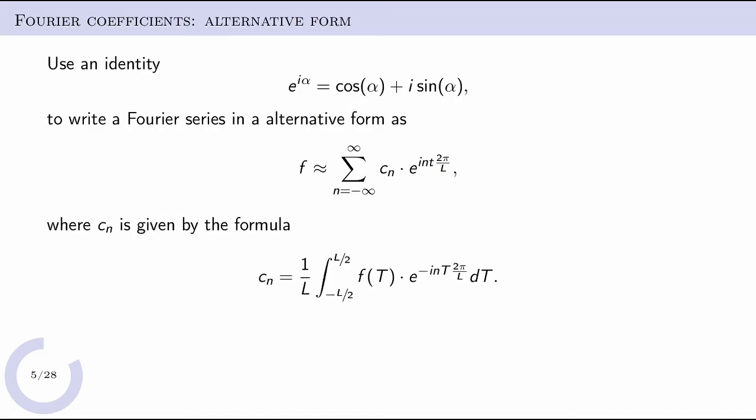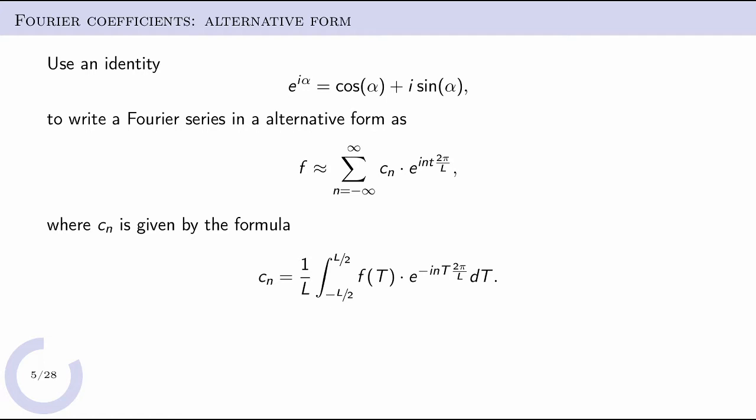In order to introduce the Fourier transform, which is the subject of today's lecture, we will use a well-known identity which relates sine, cosine, and exponents, namely e to the power i alpha is the same as cosine alpha plus i sine alpha.